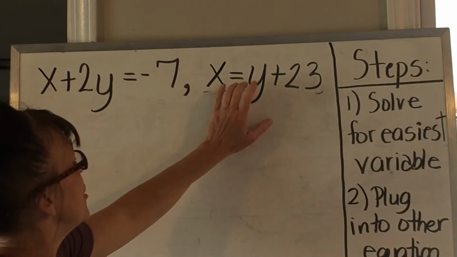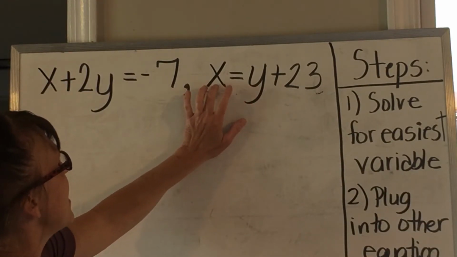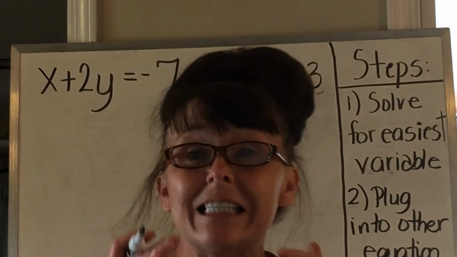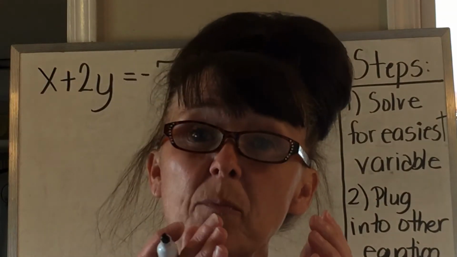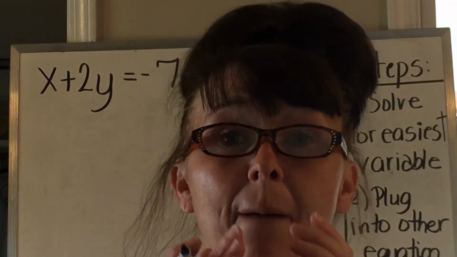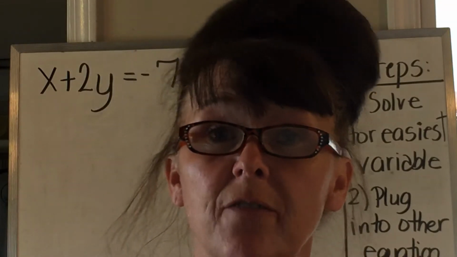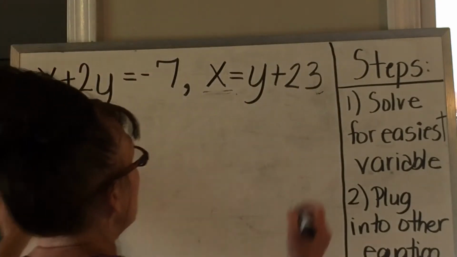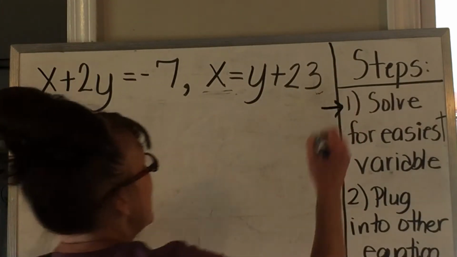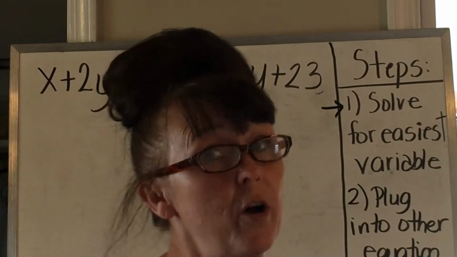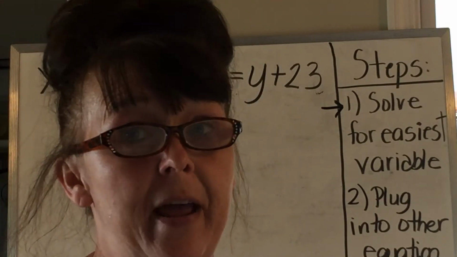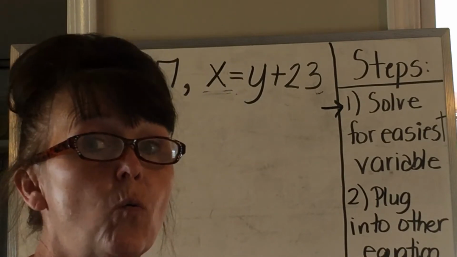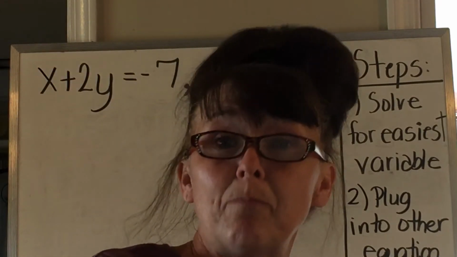So equation 2 has already got a variable that's all by itself. Well, when a variable is all by itself, that means it has been solved for X, or for Y. In this case, it's X. Okay, so today, step 1 is already going to be done for you. Tomorrow, it won't be. Okay, so use the equation where the variable is by itself.